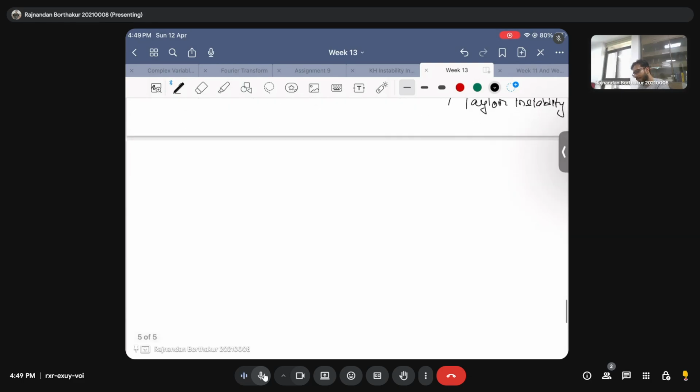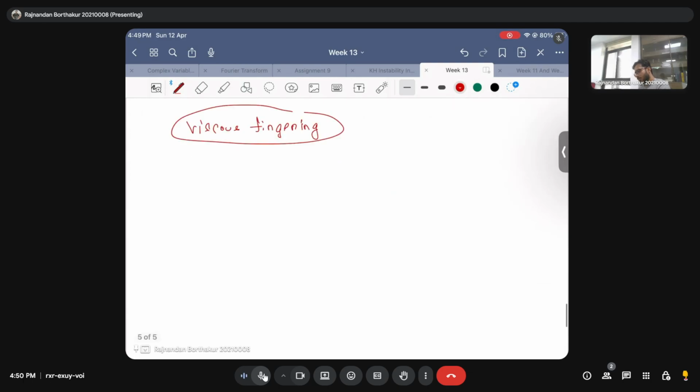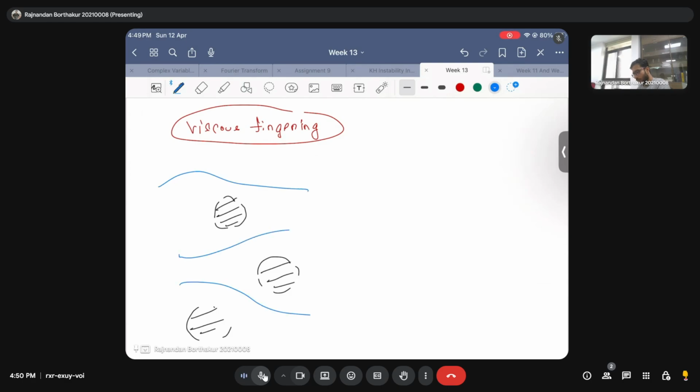Sometimes this Saffman-Taylor instability is commonly known as viscous fingering. The idea is very simple. In porous media, if you zoom in to the pore scale, there are solids in the region, and your fluid basically moves through these pores.